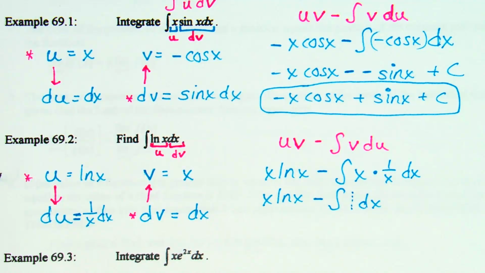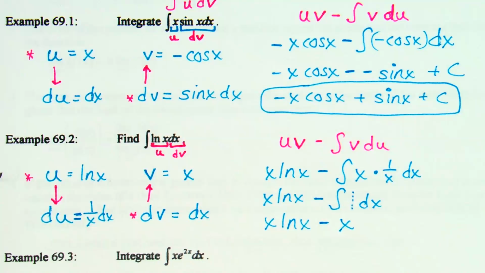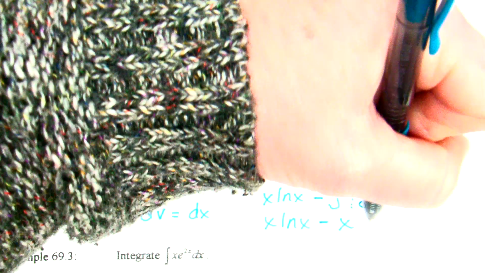Just x. So I'm going to have x ln x minus x. Final answer? Okay, x ln x minus x plus c.